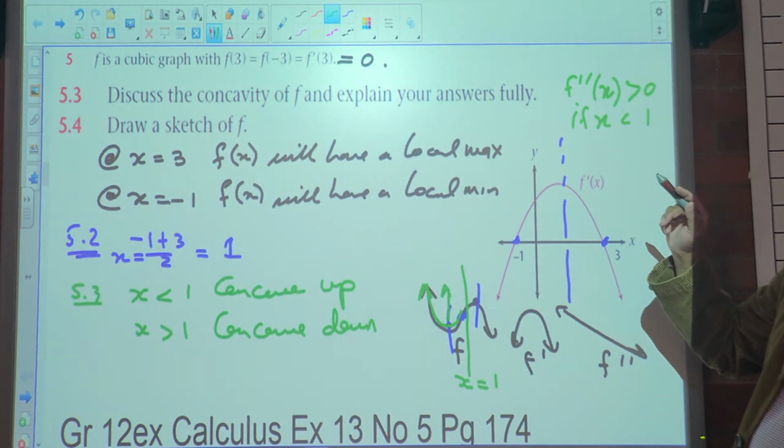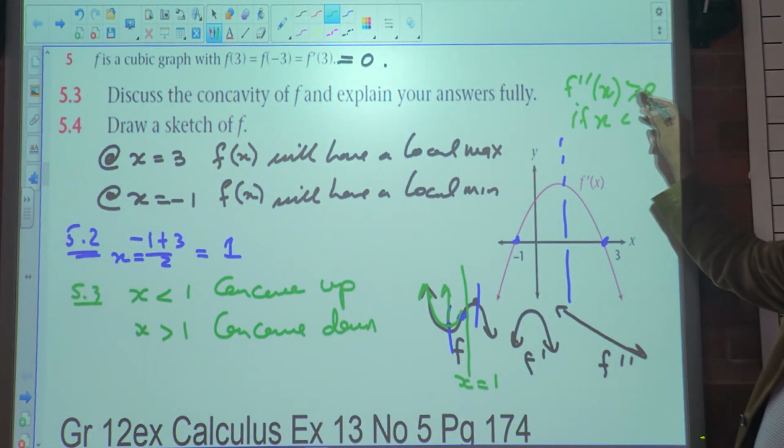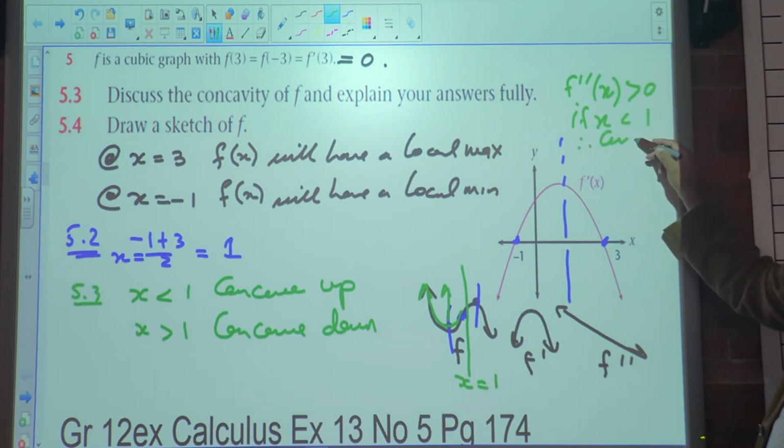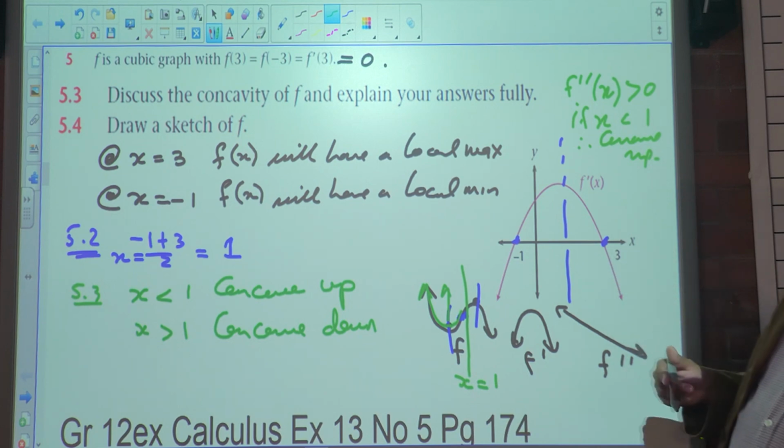So you're saying that if f double prime of x is greater than 0 when x is less than 1, it is concave up. Okay, is that what it says? Read it out loud.